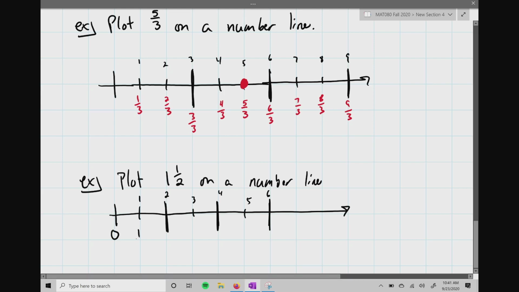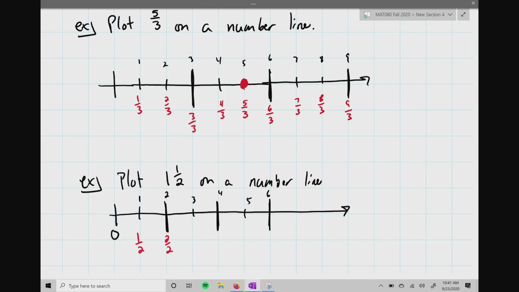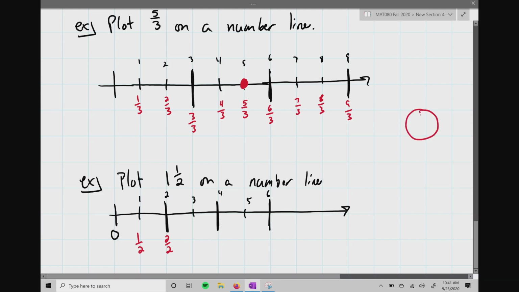This is going to be 1/2. Oh, let me get out my red marker. This is going to be 1/2, and this is 2/2. Now, 2/2 is 1. All right? I don't know if you knew that, but if you think about it, if we go back to the pizza example, 4 slices, all of them are shaded, means I got one whole pizza. So I have 1/2, 2/2, which makes this one 1 and 1/2. Does that make sense, everybody?